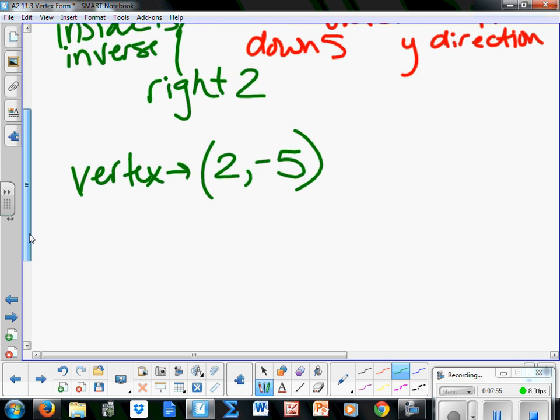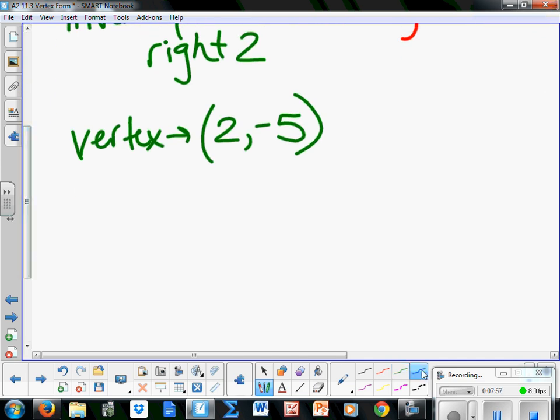We're also talking about our axis of symmetry here. If we have a basic parabola, the axis that passes through the vertex, okay, that's a little bit off, but the axis that passes through the vertex is the axis of symmetry, because it looks the same on this side as on this side.